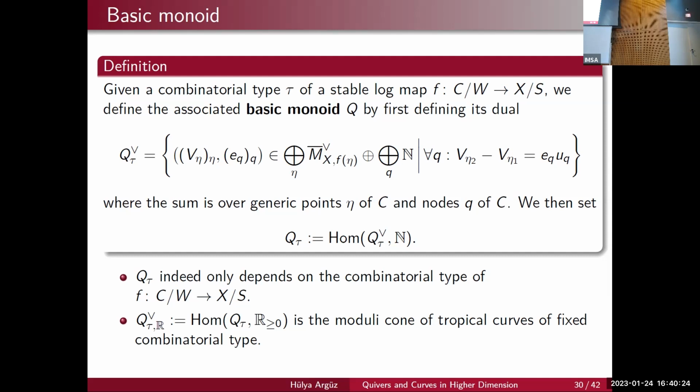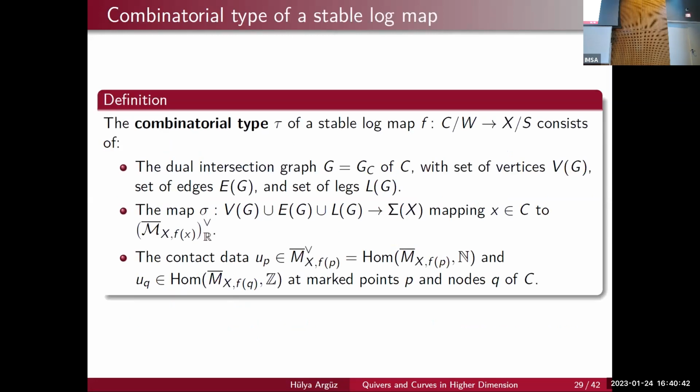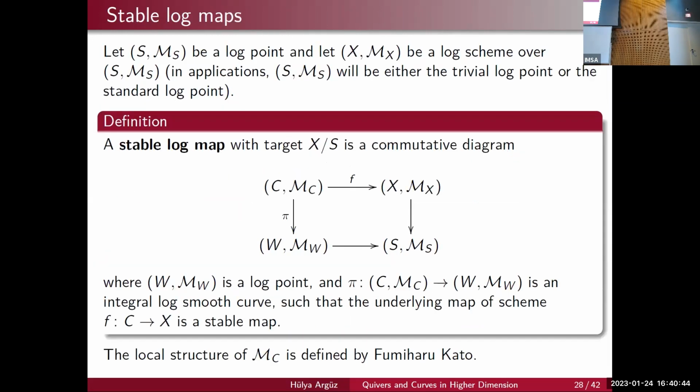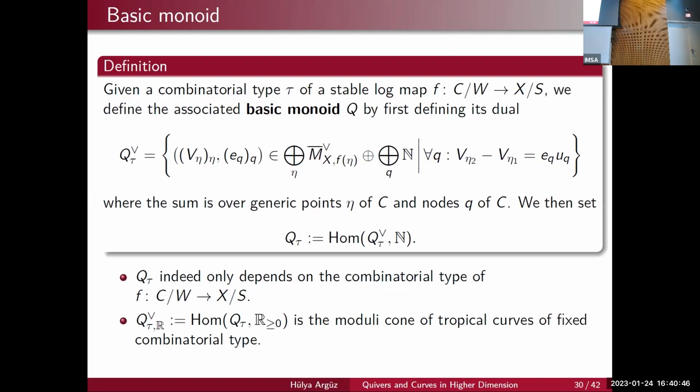And by this construction, this monoid Q, which is the dual of this, is just going to keep track of the deformations of your tropical maps corresponding to your log maps, where you can tropicalize things using this tropicalization definition that I told you a minute ago.